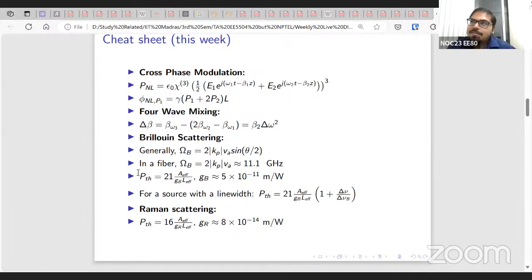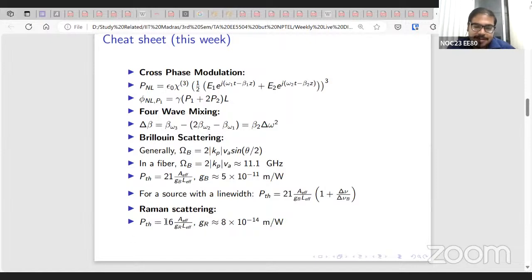And then the SBS threshold, the power after which the SBS effect becomes prominent. So I think there are multiple questions in this week's assignment based on this equation.